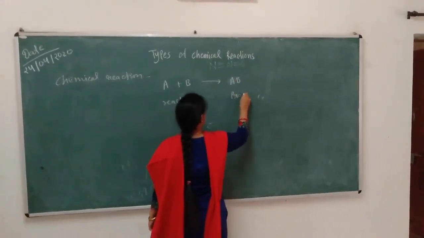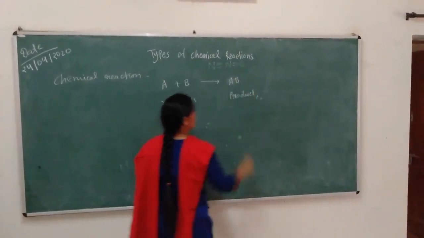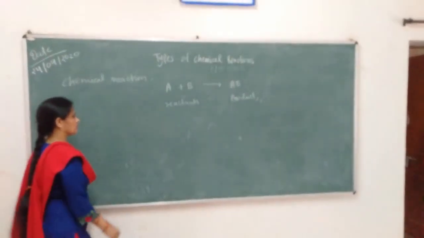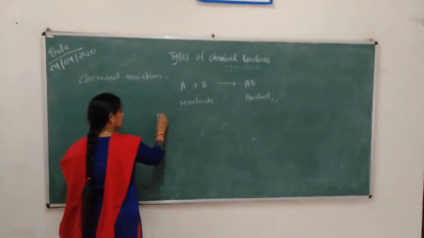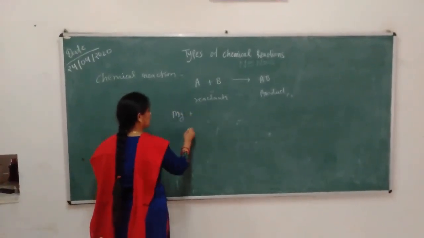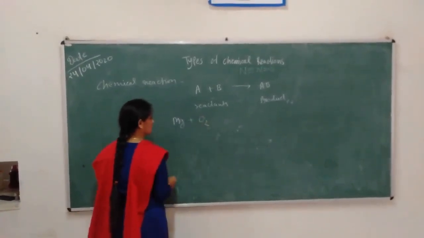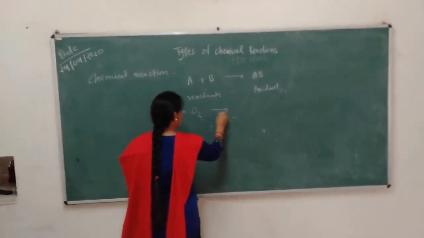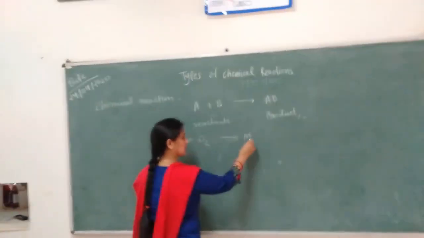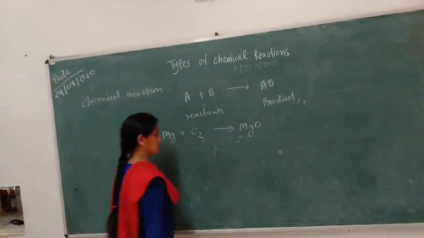This process is known as chemical reaction. For example, when we burn magnesium ribbon in the presence of oxygen, it converts into another new substance, that is magnesium oxide.